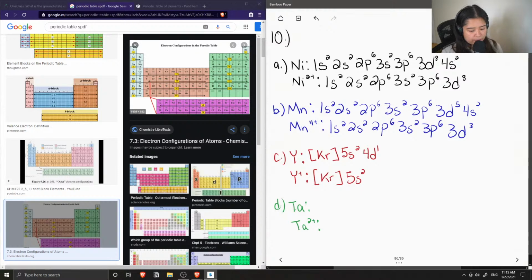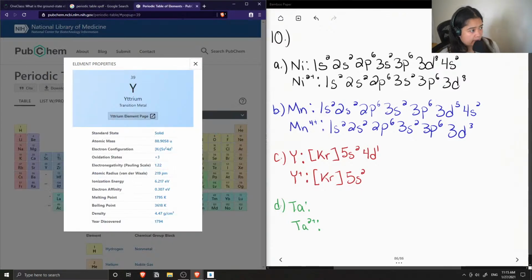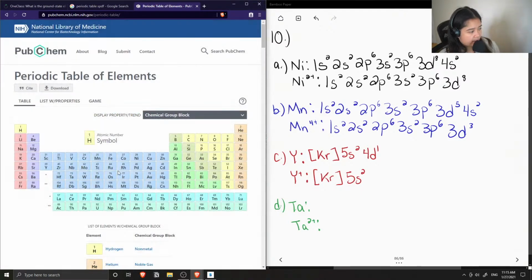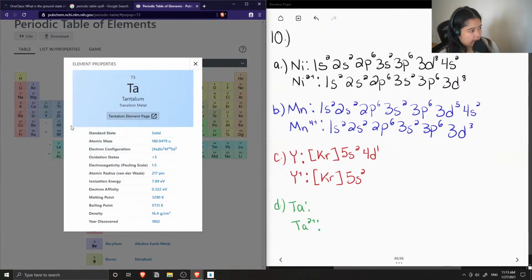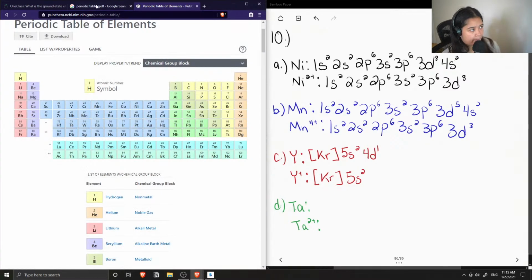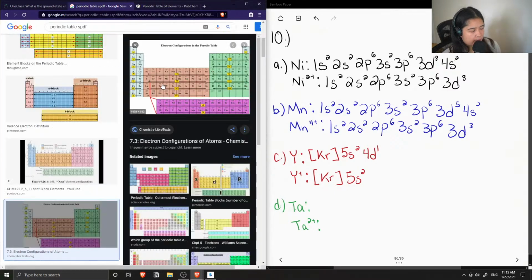And now let's move on to our last element, Ta. Let's find it on this periodic table first. So this is called tantalum. So tantalum is found here. And again, let's write out the shorthand configuration for tantalum.